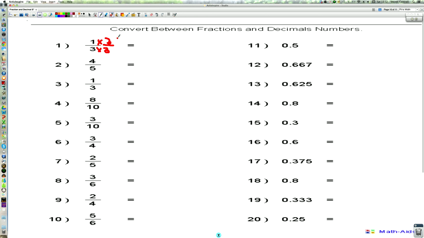So now I have 3/9. Then I can say, well, if it was 10, I could go with 0.3. Or you could go to 99, which would be 33 here, 33 here.